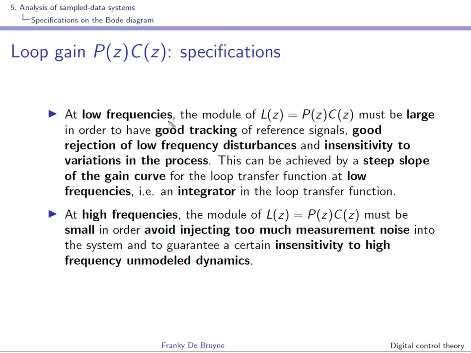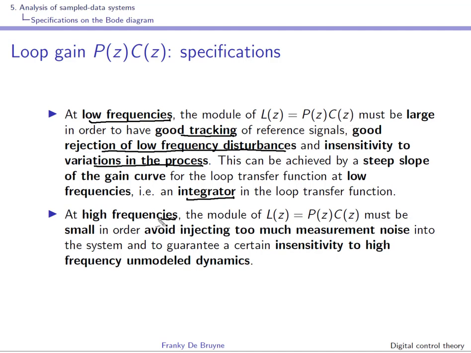So at low frequencies, the loop gain must be large. This is to have a good tracking, good rejection of low frequency disturbances, and to be insensitive to variations in the process. So what you have to do is to have a steep slope in the gain curve at the low frequencies, and this can typically be ensured, for instance, by putting an integrator in the loop transfer function, either in the process if it is there or in the controller, where you have the choice to put it yourself.